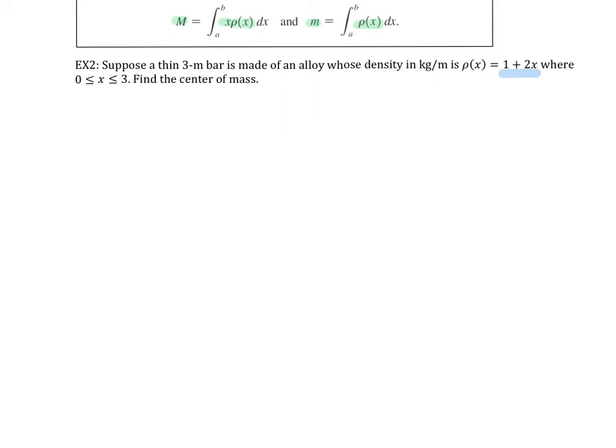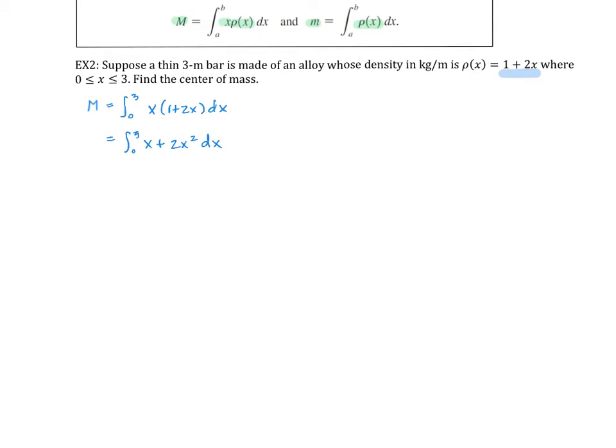I'm going to go ahead and compute the total moments first, which would be the integral from 0 to 3. And remember, we're putting in x times the density function, which is 1 plus 2x, integrating with respect to x. Distribute your x, and then go ahead and integrate.